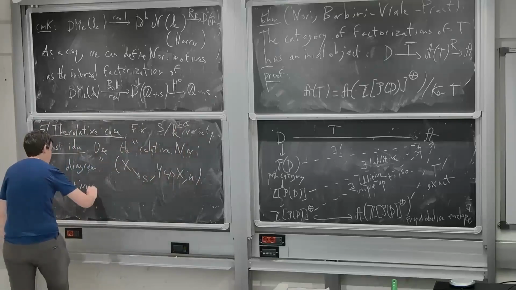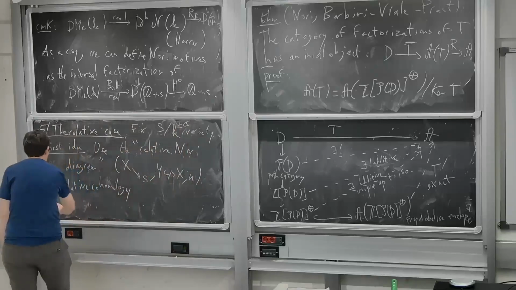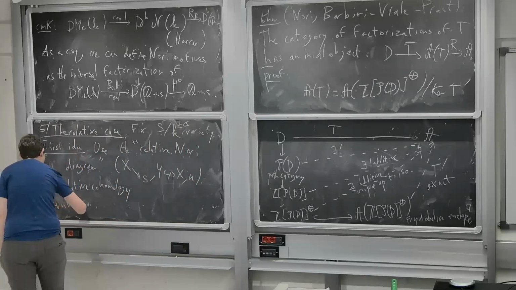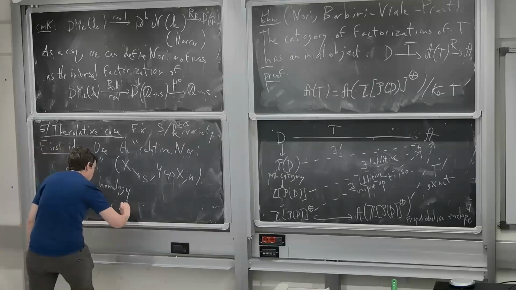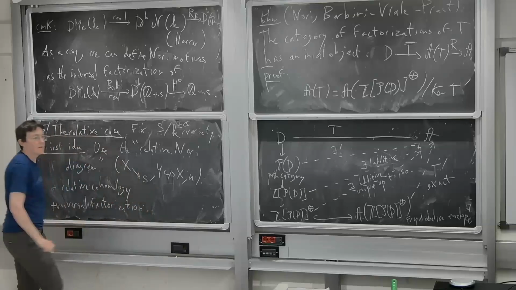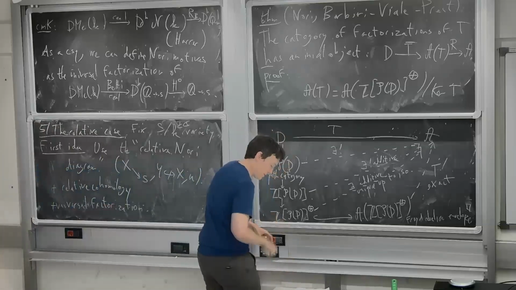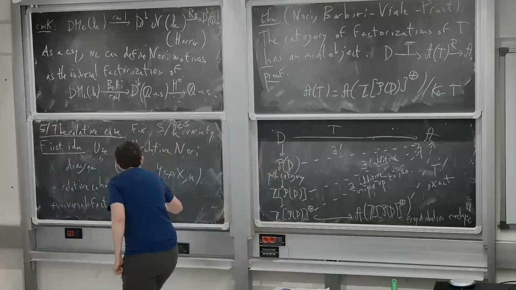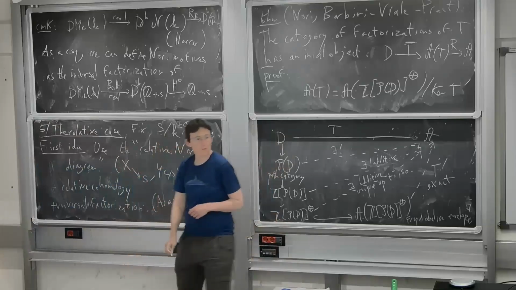And then the universal factorization. The first two definitions of relative Nori motives, by Arapura and Ivorra, use this point of view.